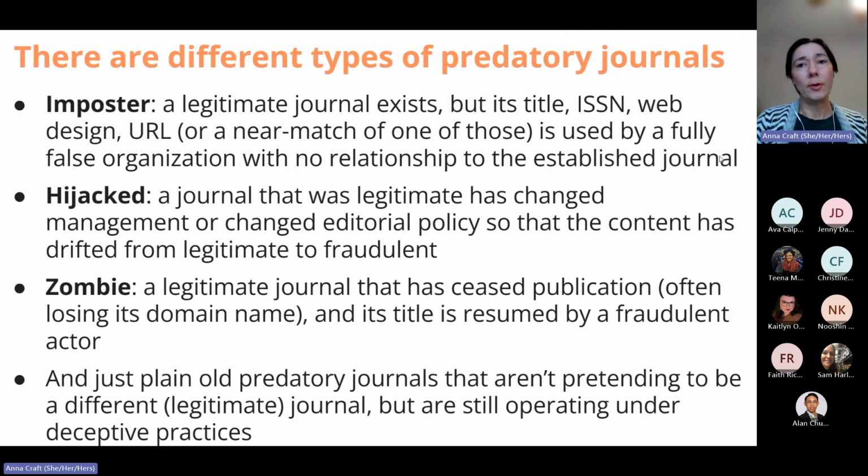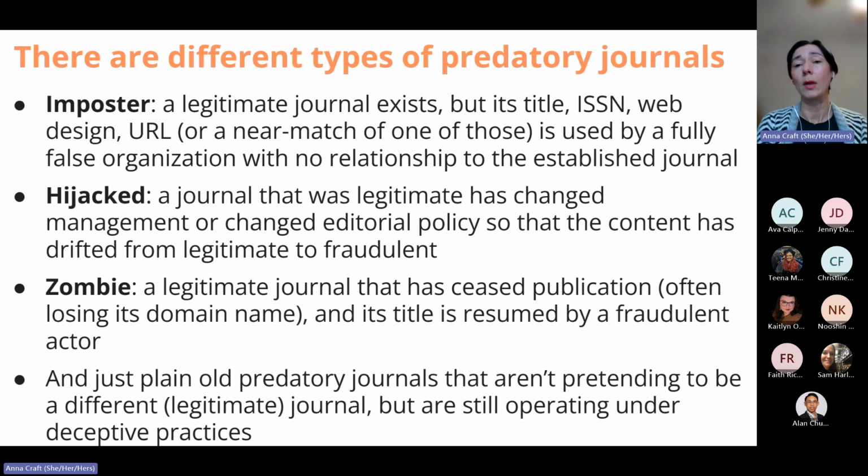And there are some different types of predatory journals. These are not technical terms. These are just kind of colloquial terms, and others might be used as well. But these are some of the kinds of flavors that you might see of bad actors in this realm. So an imposter journal is where you have a real quality journal, but another journal, a predatory journal, is using the same title.